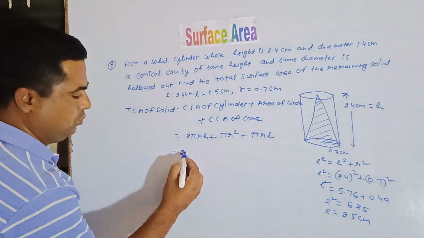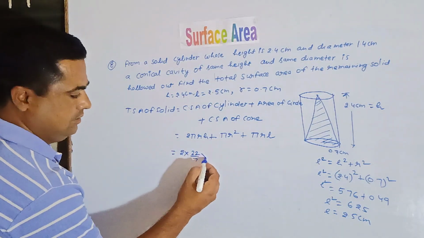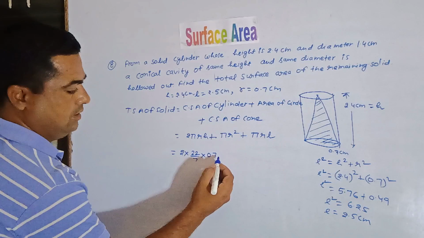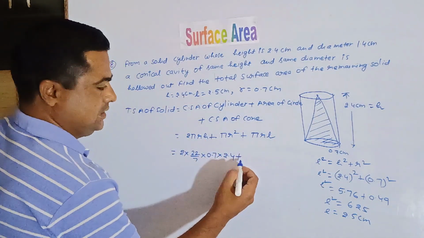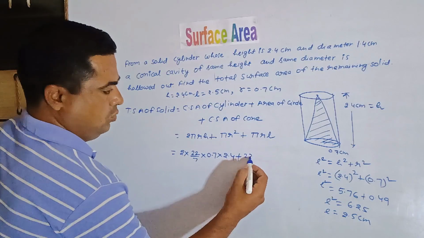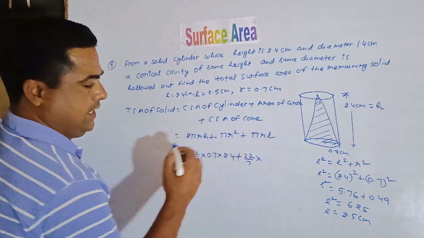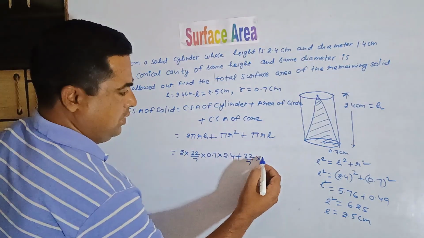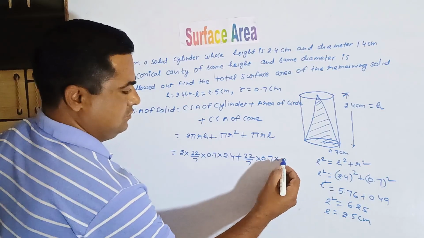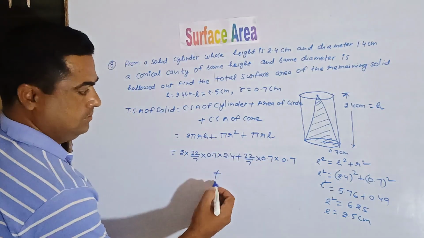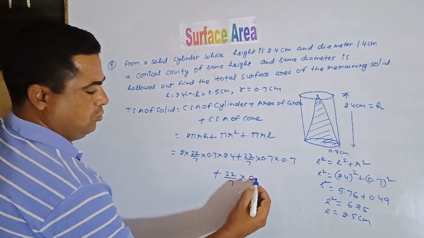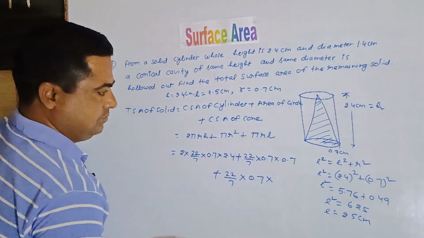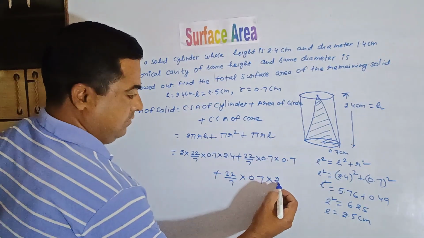So this will be 2 pi, which is 22 by 7, radius, this is 0.7, height, this is given here 2.4, plus the value of pi, this is 22 by 7, into radius. What is the radius? This is 0.7. Whole square means we will write it 2 times, and plus pi, this is 22 by 7, radius, this is 0.7, and L, this is 2.5.